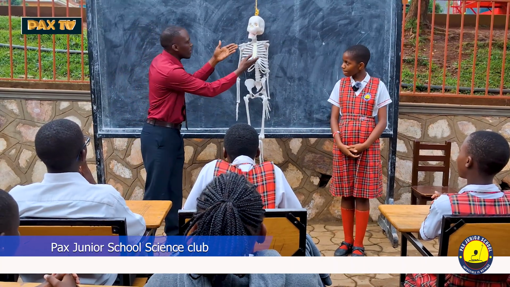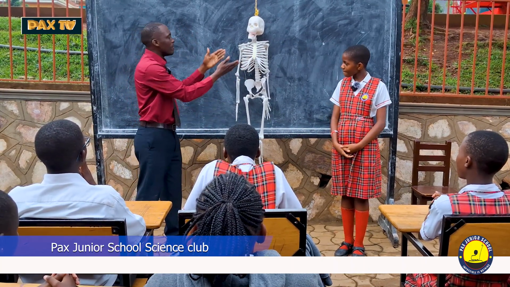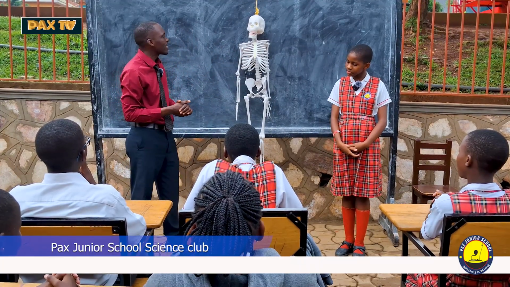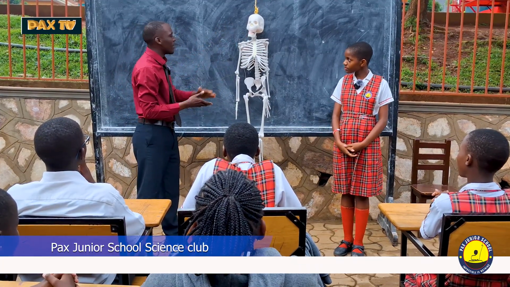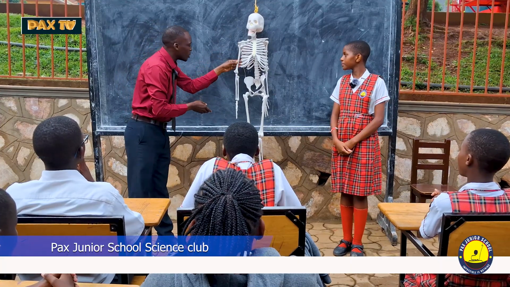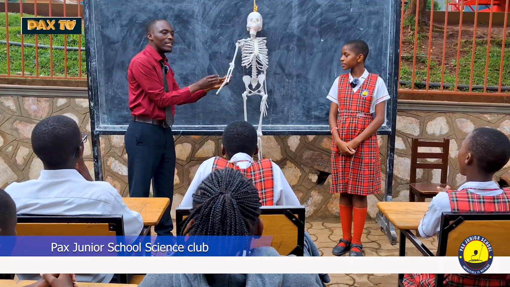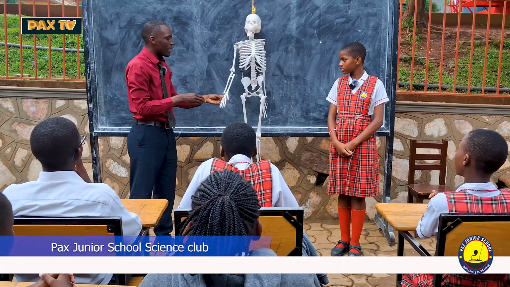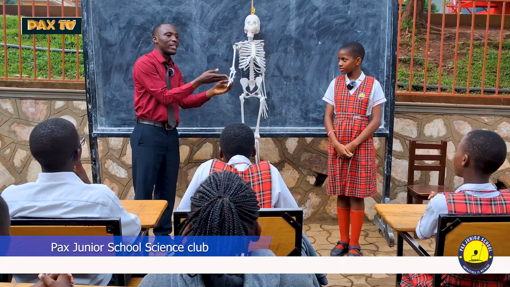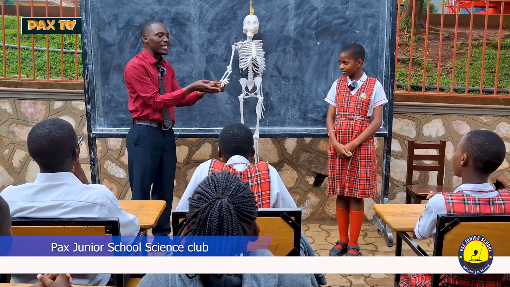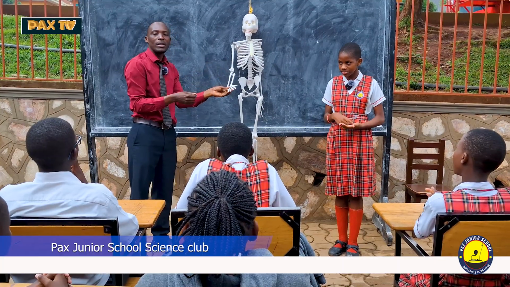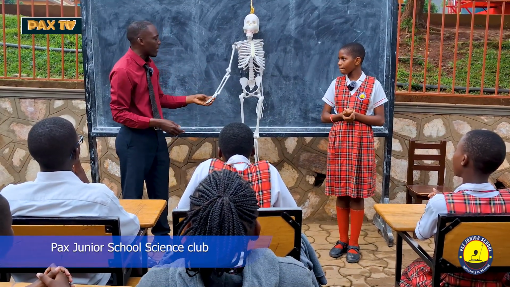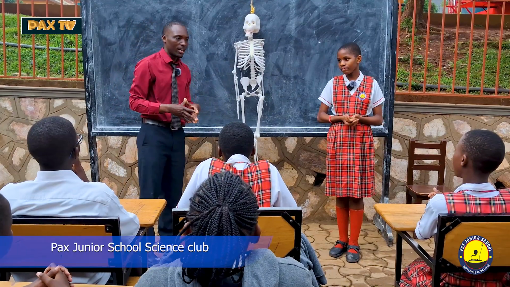I heard them naming the ribs, protecting the lungs and the heart. I heard them naming the clavicle, the humerus, the radius and ulna, the bones in the wrist called the carpals, the bones in the palms called the metacarpals, and the bones in the fingers called the phalanges. I am very happy with that.